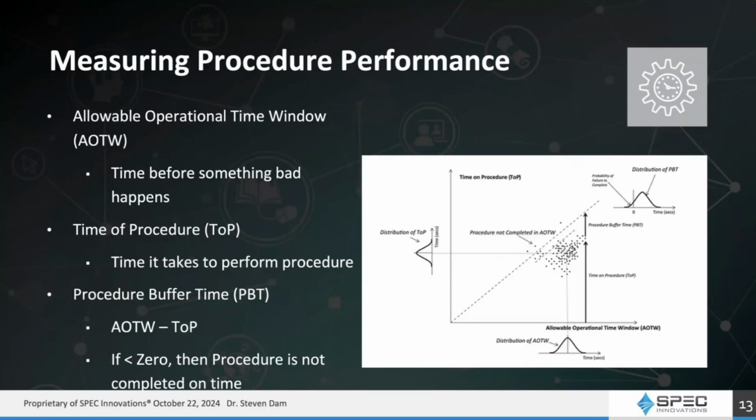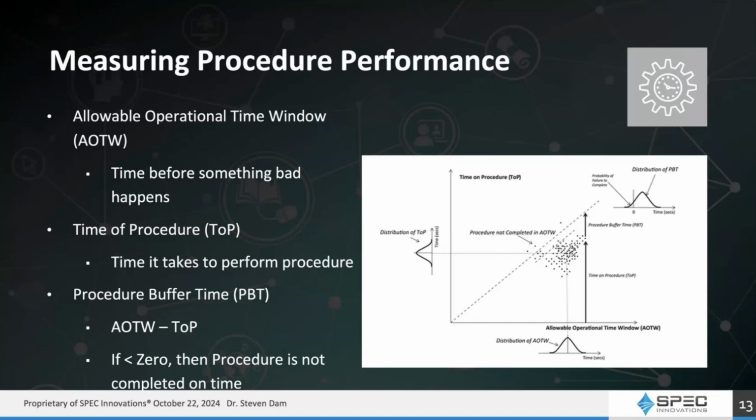So, measuring performance. Now, this was probably the big aha research item coming out of George Mason. They thought a lot about the problem and why we had the problem. It's the variance of the times that becomes important. They define something called an allowable operational time window.